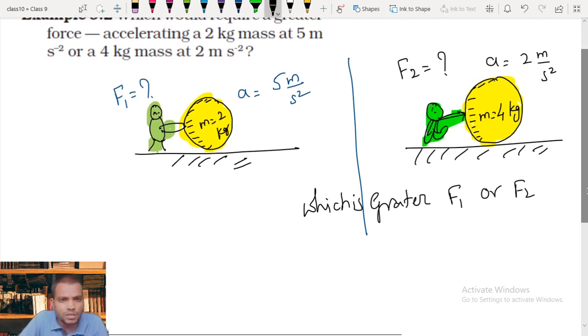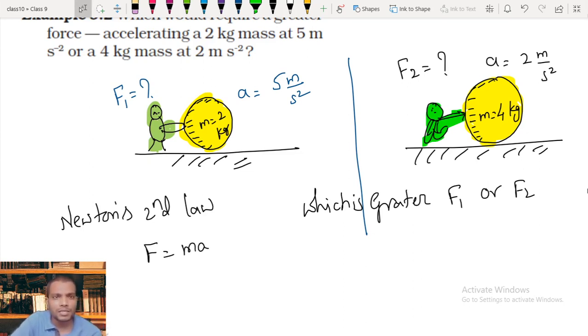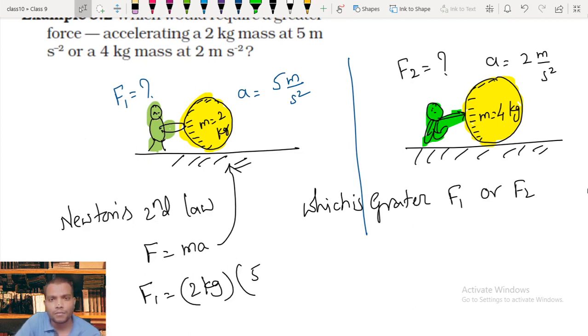Since we know Newton's second law, F equals ma, we can apply it in this case. For the first case, F1 equals the mass, given as 2 kg, times the acceleration, given as 5 meter per second square.